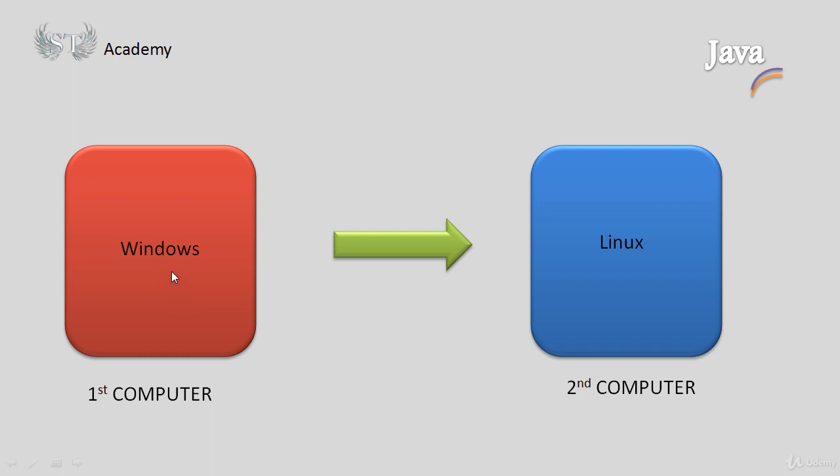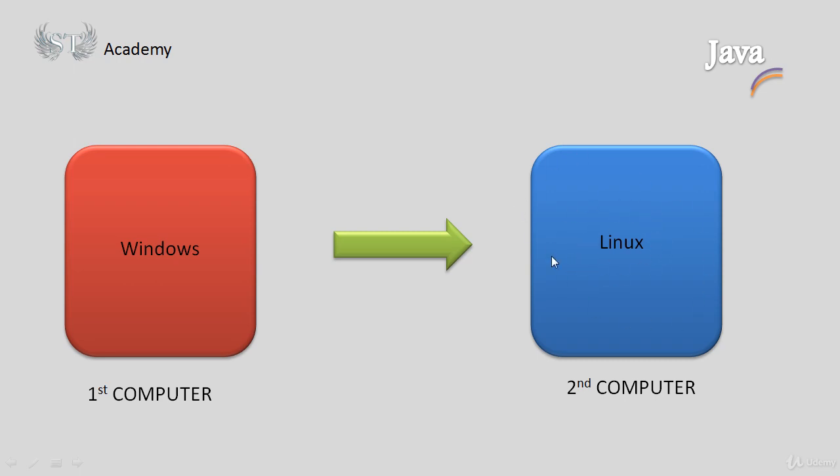I execute that program and I get the result. Then I want to run the same application on the second computer, but the second computer has the Linux operating system. That application is not going to run, because the operating system has changed, the platform has changed.